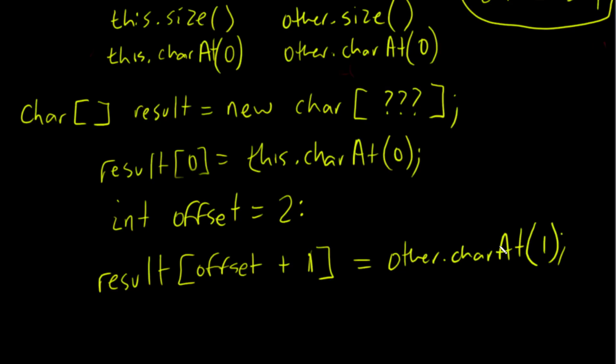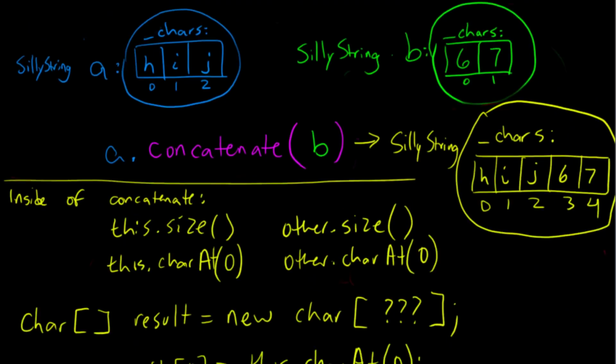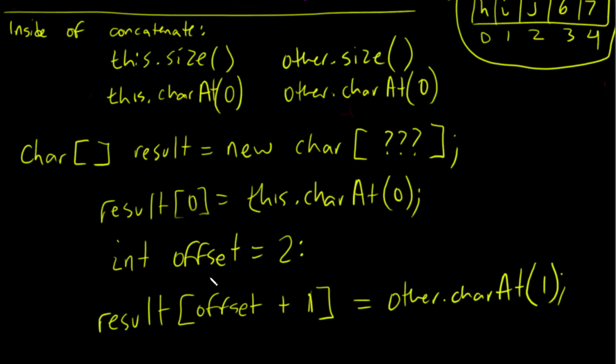Here we're saying take the character of the other array at index 1, which is 7, and assign it to our result array at offset, which is 2, plus 1. So this will be result[3] is assigned the other string's character at index 1.